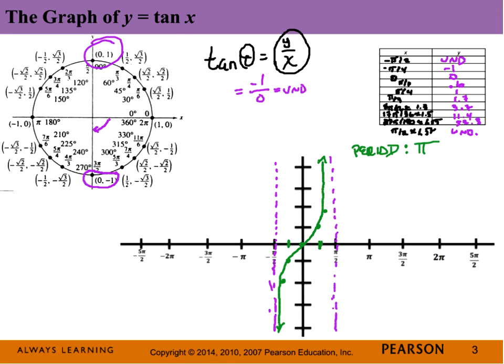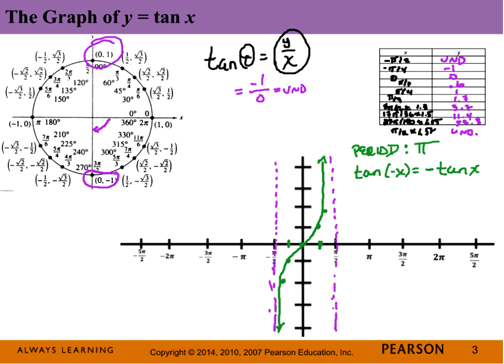We can look at the fact that this thing has origin symmetry, but we learned back in the last unit that the tangent function is an odd function. So we get that the tangent of negative x is equal to the negative tangent of x.